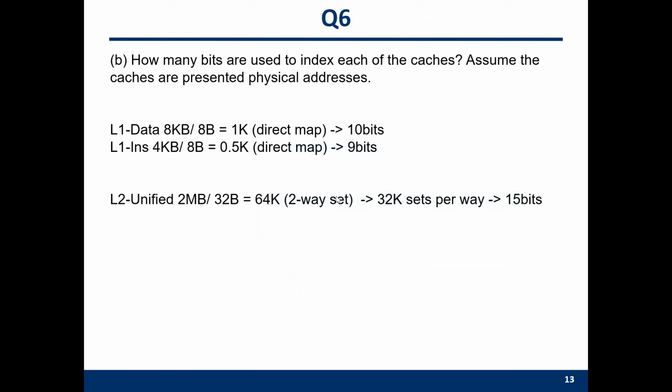So let's start from the instruction cache. For the L1 instruction cache, the total capacity is 4 kilobytes, and each block is 8 bytes.